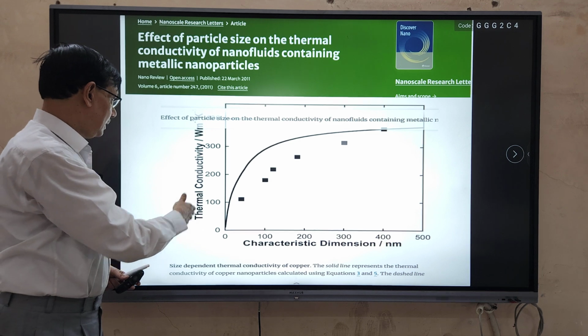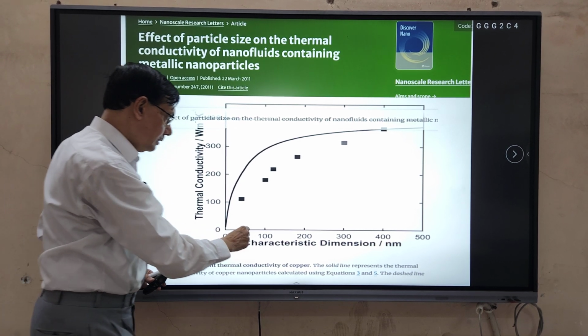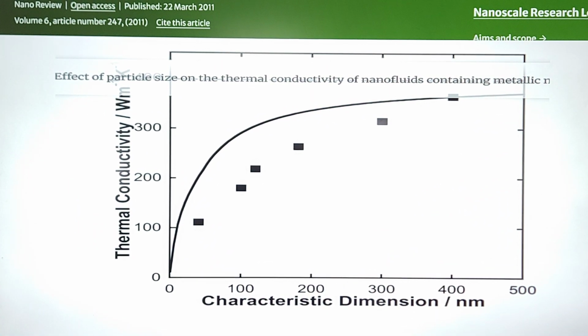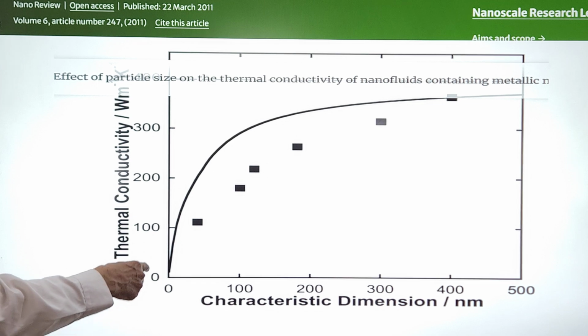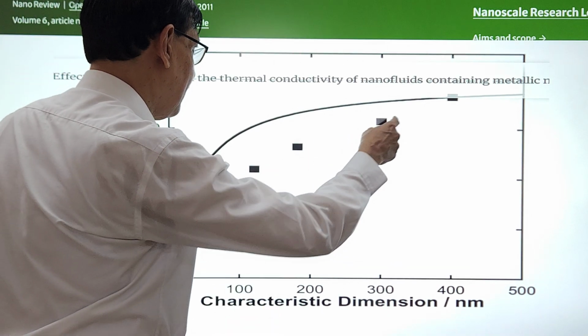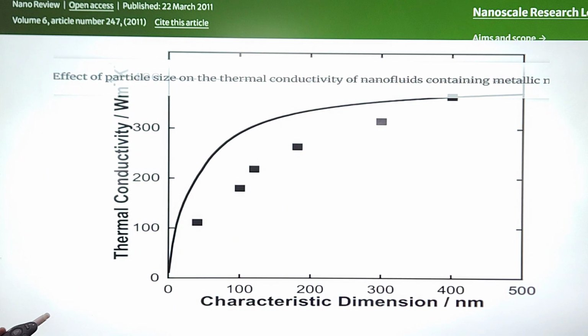You see the thermal conductivity, the unit is also there, and this is the size, the characteristic dimension of the copper nanomaterials. You see that the thermal conductivity of copper nanomaterials gradually decreases with size.